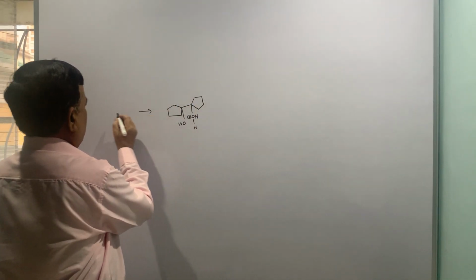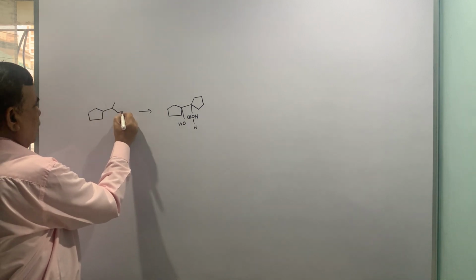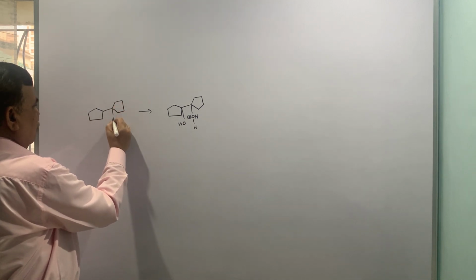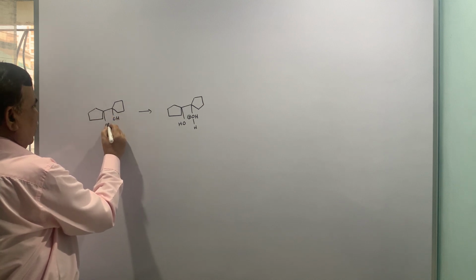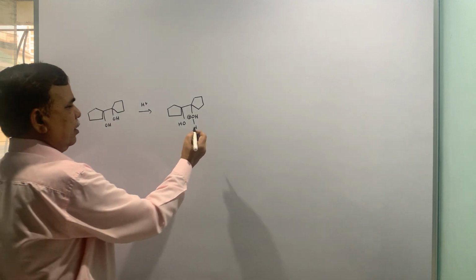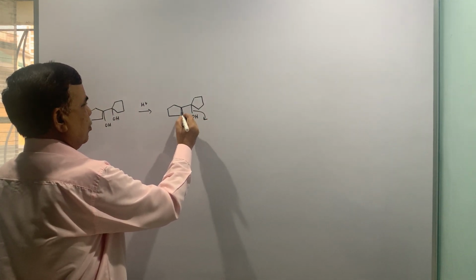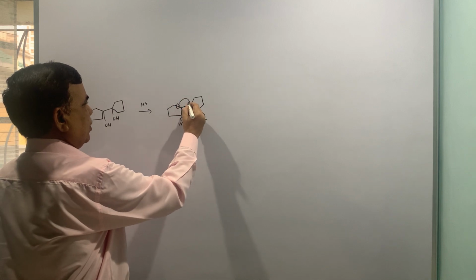So to begin with, I will just put the example over here so that I can show the reagent also. H plus, so protonation, loss of this, then restoring this, shifting of this.